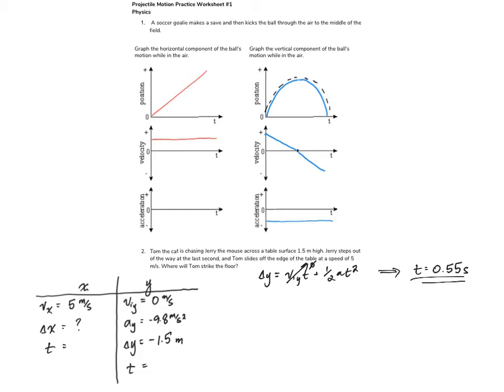Remember, all we have to use in our x direction is our simple constant velocity equation. So from there, we can solve for delta x, and we should get a delta x here of 2.77 meters. So horizontally launched projectile problems are pretty straightforward. We're going to ramp up the difficulty a little bit on the next slide.